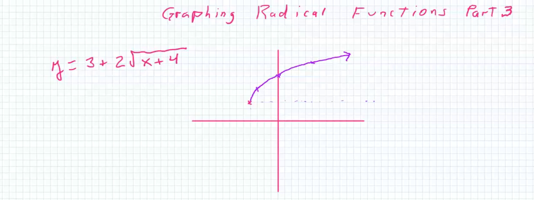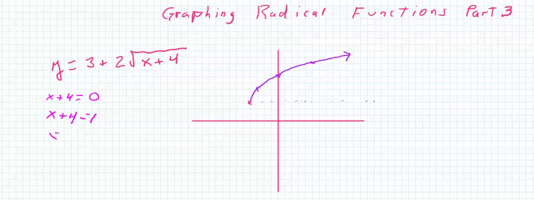What we ended up doing is looking for numbers for x such that x plus 4 equaled 0. That's when x is negative 4, right here. X plus 4 equals 1, which is x equals negative 3, which is right here.